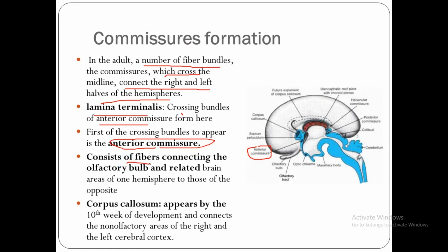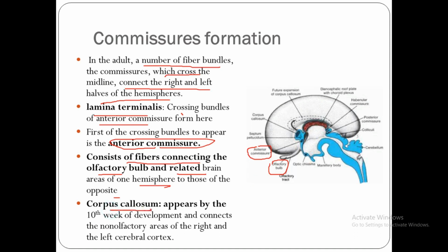It consists of the fibers connecting the olfactory bulb, here below, and the other related areas of the brain to the opposite side. Inside the lamina terminalis is the anterior commissure, connecting the olfactory bulb from one side to the other, right to left.